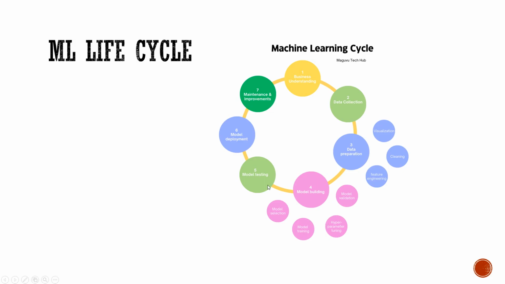So the moment we shift to stage number 5, we are now using an unseen data set to test the model that we have built in stage number 4. During that process, we want to evaluate how it is performing, depending on different techniques and skills depending on the type of the problem being solved.